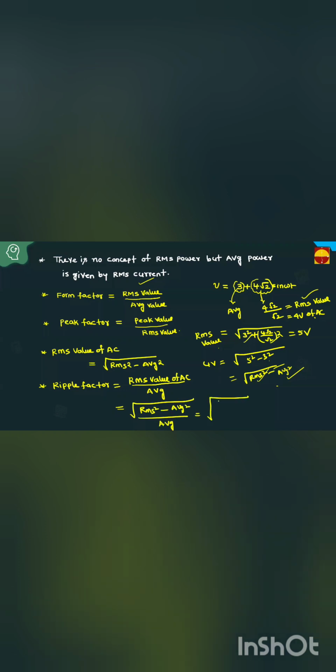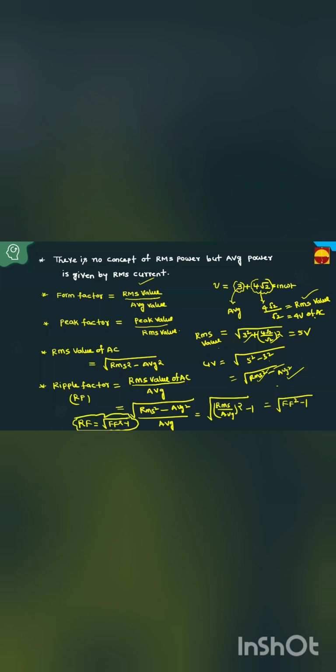Simplify this: you bring the average into the square root, so it is square root of (RMS by average) whole square minus 1. What is the RMS by average? Form factor. So this is equal to square root of form factor square minus 1. Therefore, the ripple factor RF equals square root of form factor square minus 1. This is the relation between form factor and ripple factor.